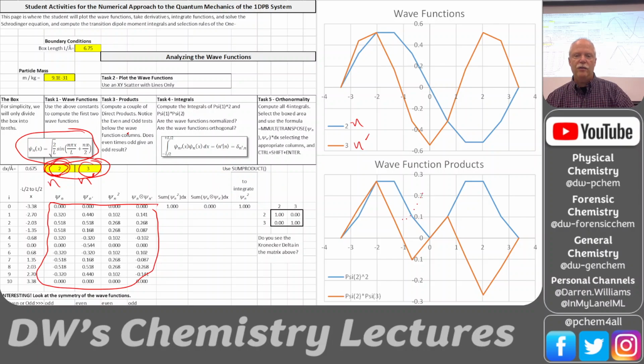If we square those, notice that the blue wave function had some negative pieces. It had a positive piece and a negative piece. When we square it, that's now positive on both sides. So that's the probability distribution. Quickly, let's just analyze this. What's the probability of the electron being in the very center of the box? Yeah, 0, because it goes right here. It's going through 0 right there.